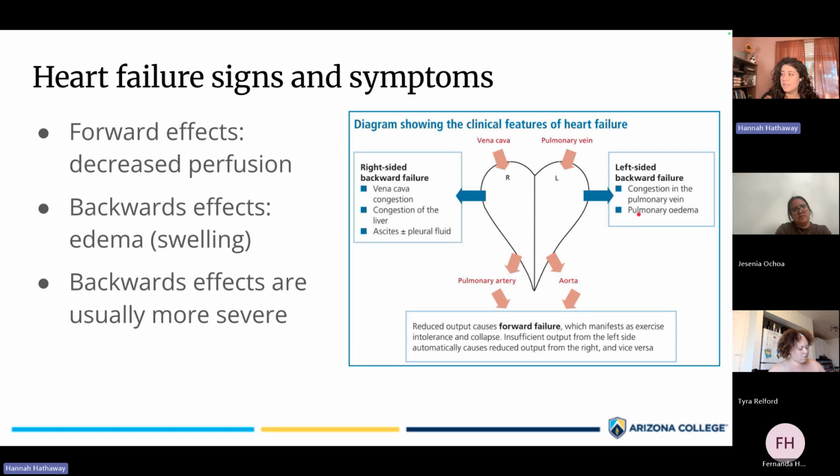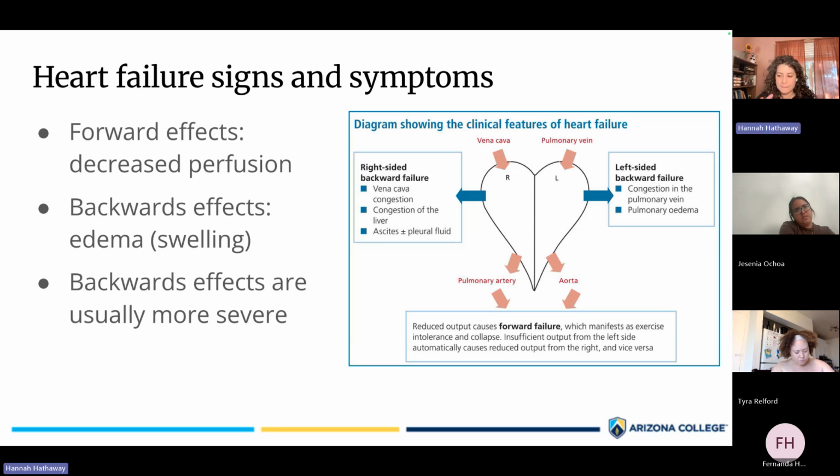Left side backward effects: what's backward from the left side of the heart? The lungs. So you will see fluid in the lungs. In general, backward effects are usually more severe than forward effects. So oftentimes when you are thinking about heart failure signs and symptoms, most of the time we're actually talking about backward effects more so than forward effects.